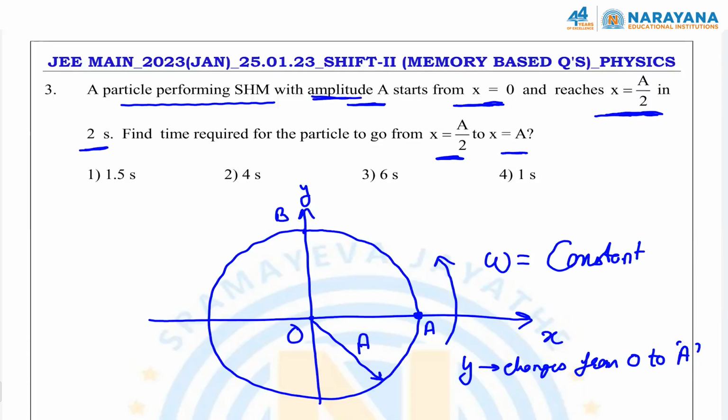So whatever is the amplitude, you take that as the radius of the circle, and the particle is moving in a circle now. And as y grows from 0 to A, this time is 1/4 of the complete revolution, T by 4.